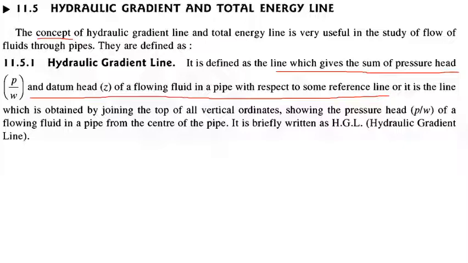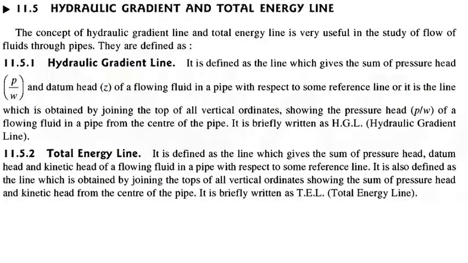It is briefly written as HGL, or hydraulic gradient line. So it is the sum of pressure head and datum head, that is P by w and Z, or it is a line which joins all the vertical ordinates showing the pressure head from the center of the pipe.